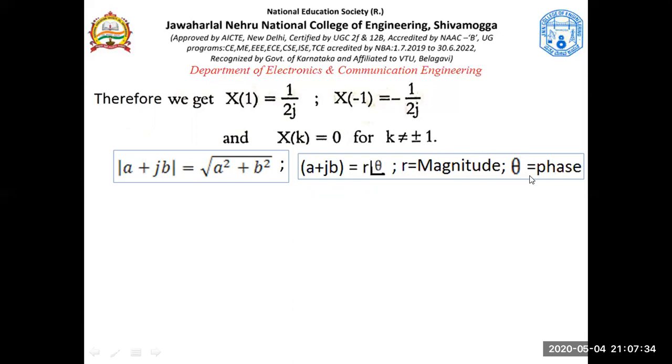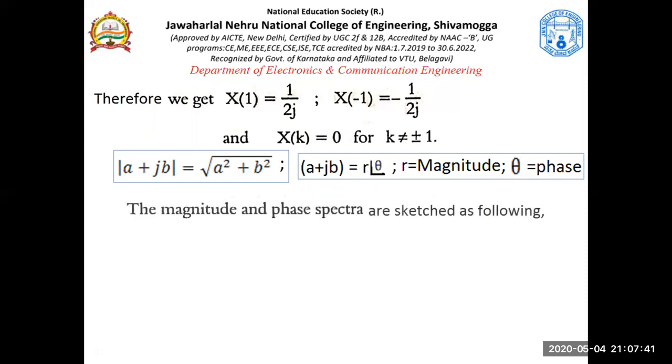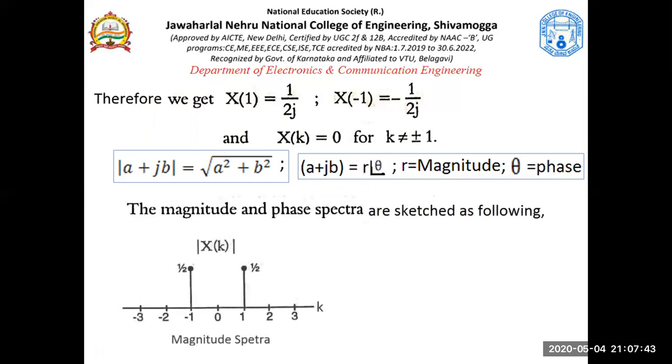Now we are asked to obtain the magnitude and phase and draw the spectrum. So what would it look like? This is the magnitude spectra. What is X of 1? X of 1 is 1 by 2j. What is the magnitude of X of 1? It is half.